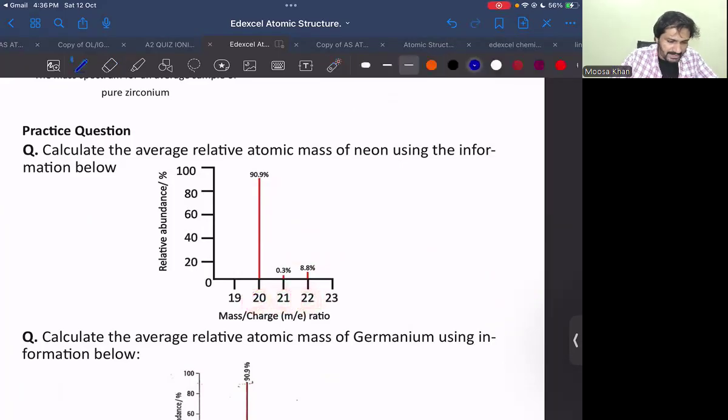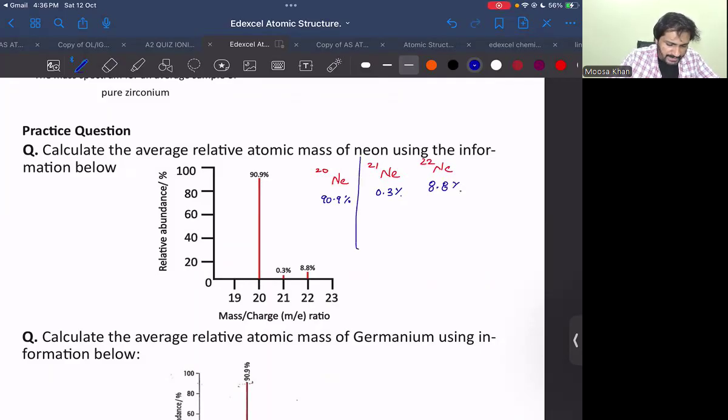Their relative abundances, or percentage abundances, are 90.9% for neon-20, 0.3% for neon-21, and 8.8% for neon-22.